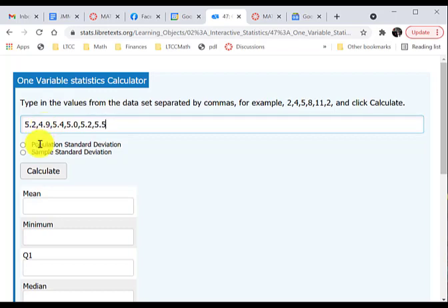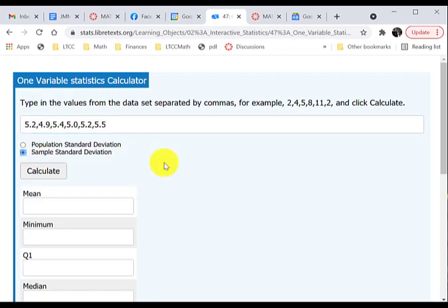Then I have to say, do I have a population standard deviation or a sample standard deviation that I'm going to end up getting? So we're looking at 6 giraffes that this biologist looked at, maybe in all of Africa. This is a sample of 6 giraffes from the whole population of all giraffes. So we're definitely talking about a sample standard deviation.